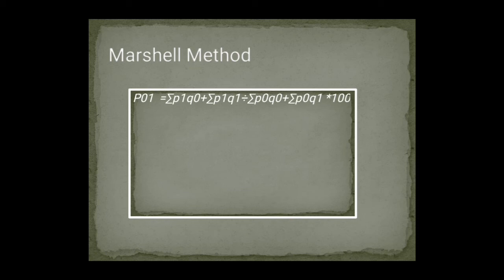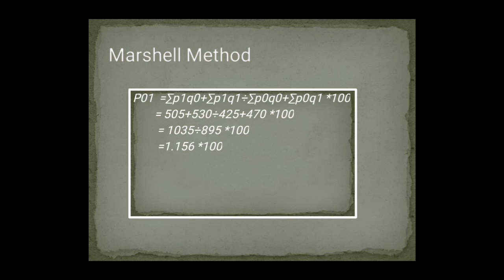Next, Marshall method. So what's the formula for Marshall method? Price index is equal to sigma P1 Q0 plus sigma P1 Q1 divided by sigma P0 Q0 plus sigma P0 Q1 into 100. First we'll add sigma P1 Q0 plus sigma P1 Q1. So we get 505 plus 530 divided by, write the division symbol as it is, later we can divide. Next, sigma P0 Q0 plus sigma P0 Q1.